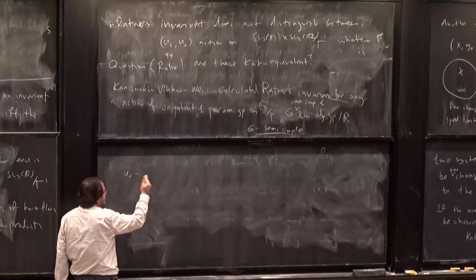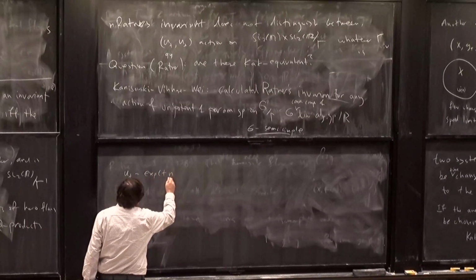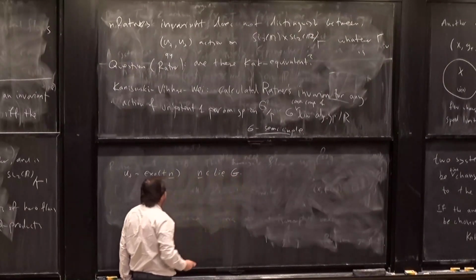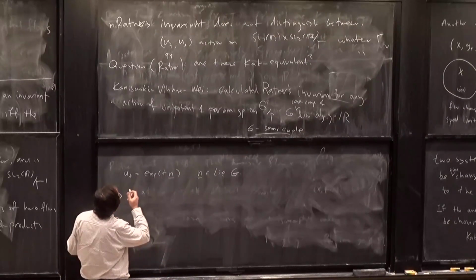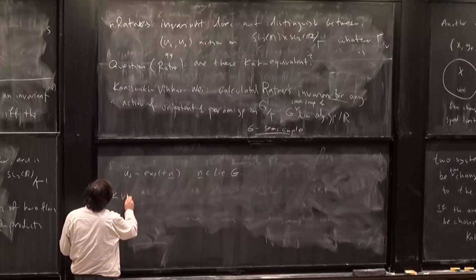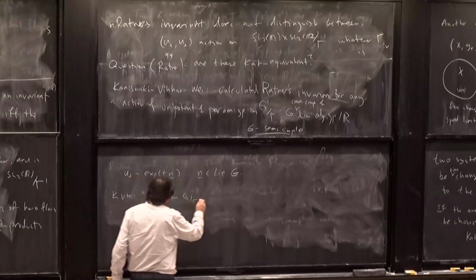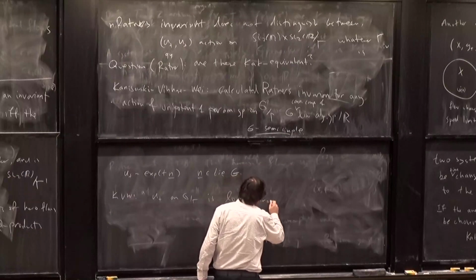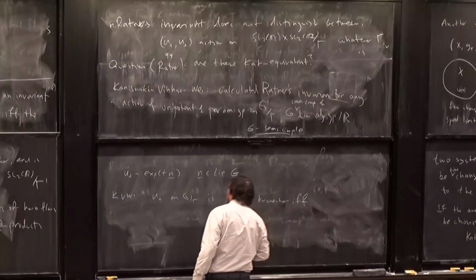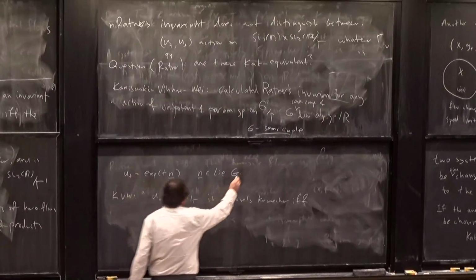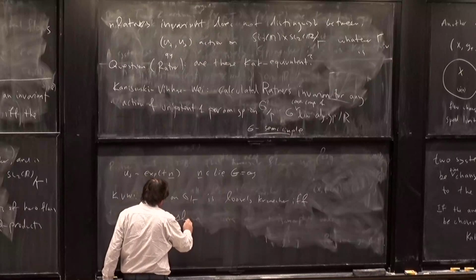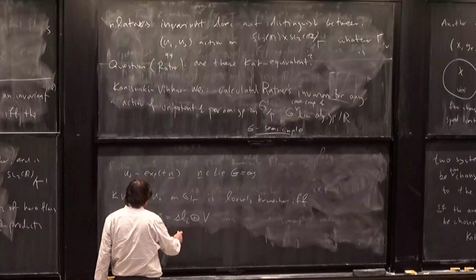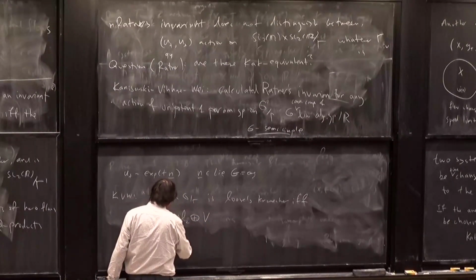So I talked about a group of matrices, so it's something that looks like u_t equals exp(tn) for some nilpotent element n in the Lie algebra of G. And in particular, what they showed is that u_t on G mod gamma is loosely Kronecker if and only if I can write the Lie algebra of G as some SL2R direct sum with something, and my element n is inside this SL2.